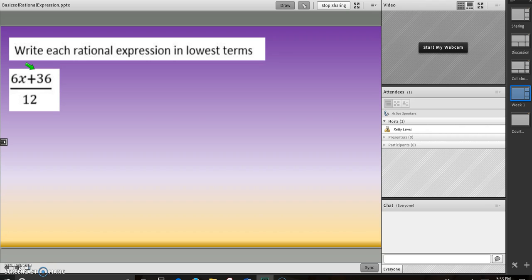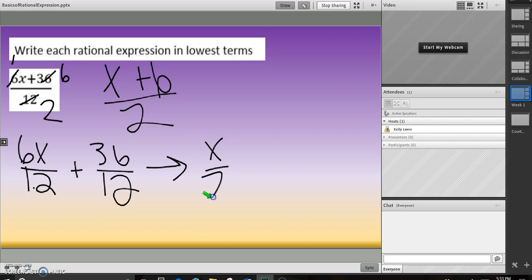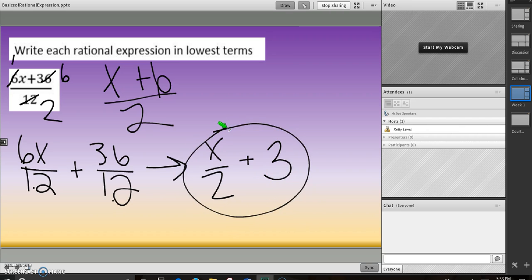Like here, 6x plus 36 over 12, where 6, 36, and 12 can all be divided by 6. So what we really have is x plus 6 over 2. Or you could do 6x over 12 plus 36 over 12 and then simplify it that way. 6 over 12 is really 1/2, and 36 over 12 is 3. So this guy is the same as this.